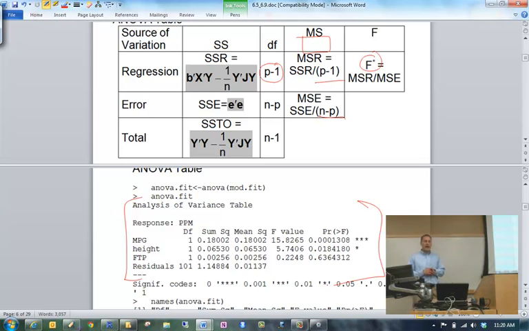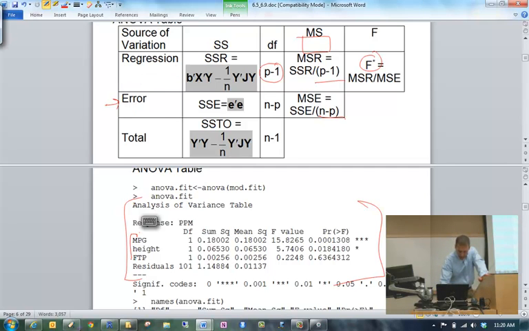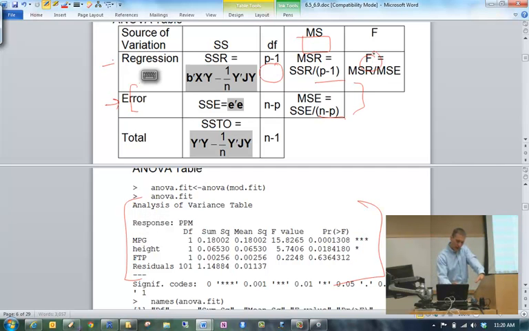So we can see the last row there, residuals, corresponds to our error row in how we represent the ANOVA table based on how our book does. But these first three rows are actually this regression row broken up by predictor variable.